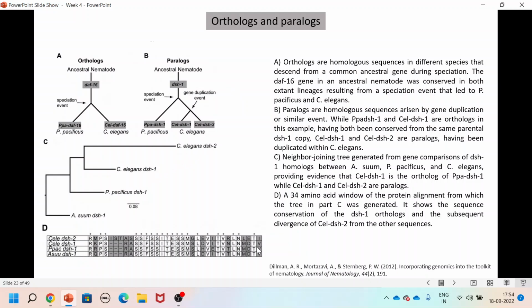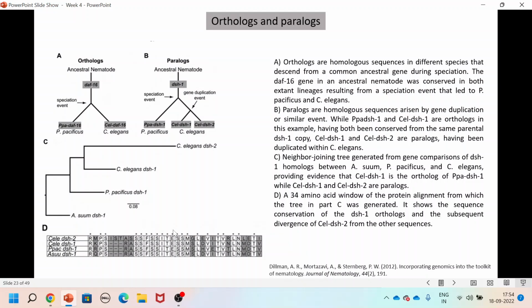This is the multiple sequence alignment diagram in figure D, where I have shown a 34 amino acid residue window of the protein alignment, from which the tree in part C has been generated. It shows the sequence conservation of DSH1 orthologs and the subsequent divergence of DSH like C. elegans DSH2 from the other sequences.